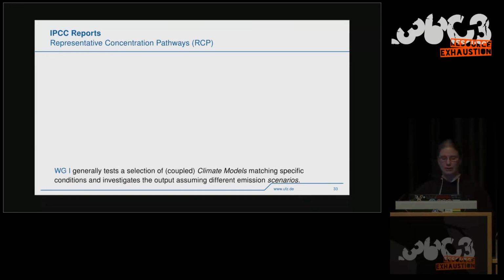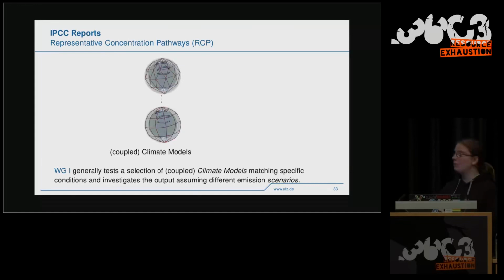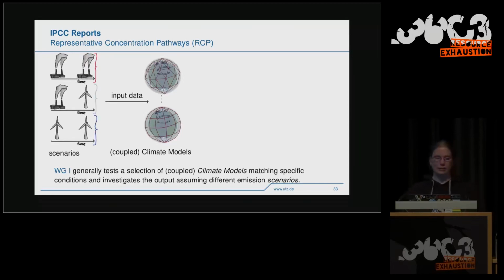Working Group 1 of the IPCC generally tests a selection of coupled climate models, that is what I told you before, matching specific conditions, and investigates the output assuming different emission scenarios, meaning we have coupled climate models that are somehow different, for example, in their grid, and then we have input data.